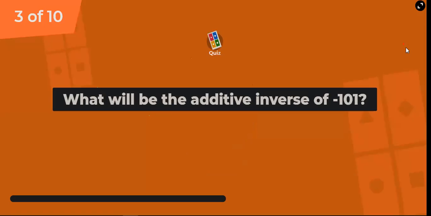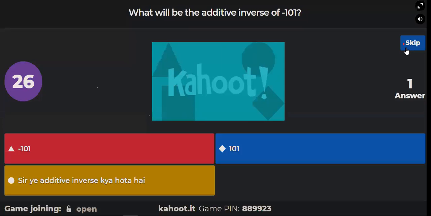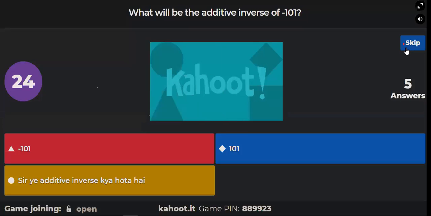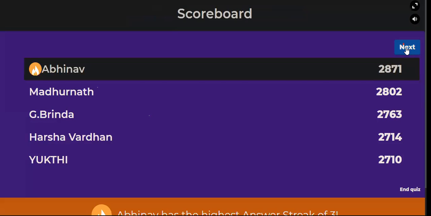What will be the additive inverse of minus 101? Yes, it is plus 101 now, right? Additive inverse means if you add them, it should be 0, right? Wow, Abhinav is maintaining the streak.